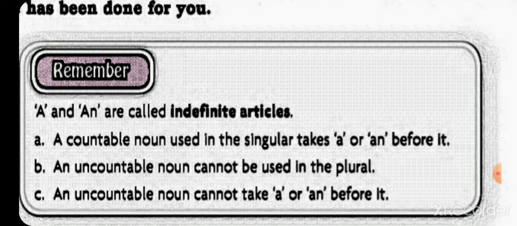Uncountable nouns like rice, milk. Can you count, beta? No. So an uncountable noun cannot be used in the plural. We don't say rices, milks, right? And part C, an uncountable noun cannot take a or an before it. So these are some important points, beta, which you should remember while doing this exercise.